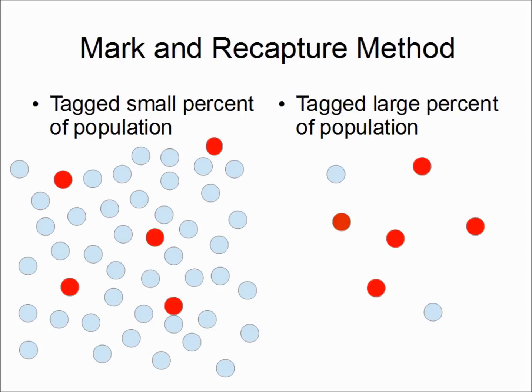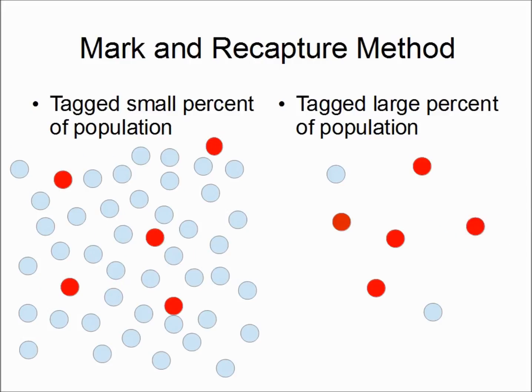And as you can see from this diagram, this information can give you some clues about the size of the population. If we've got a very large, dense population here, and let's say the first time around we tagged 5 individuals, and now we're going to go back and capture more, you can see that it's possible that the second time around we might capture 1 or 2 of the same individuals again. It's not likely we would capture all 5.